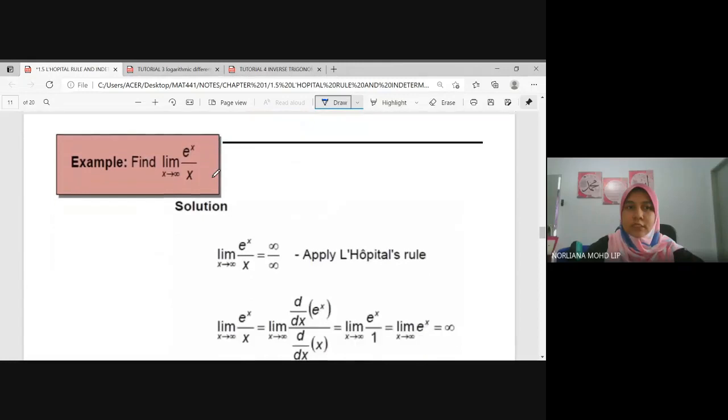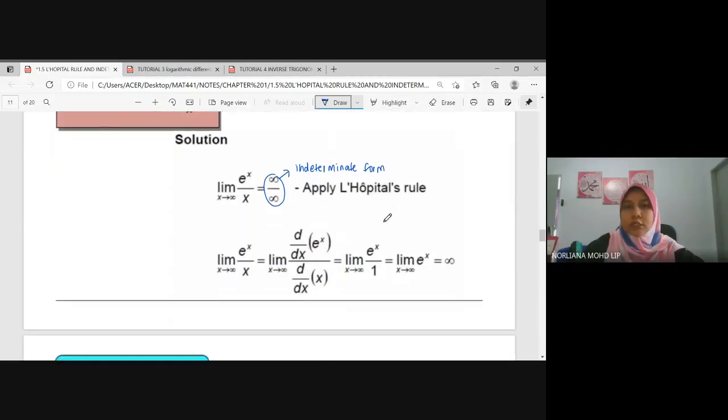Let's look at the second example. In the previous slide, we have shown that the limit of e to the power x over x equals infinity over infinity, where this form is an indeterminate form. So we have to apply the L'Hopital rules. We differentiate the numerator e to the power x, so it equals e to the power x, and then differentiate the denominator x, which equals 1.